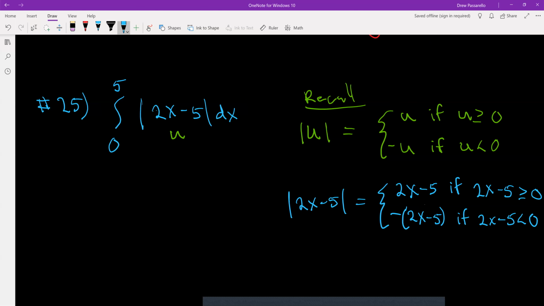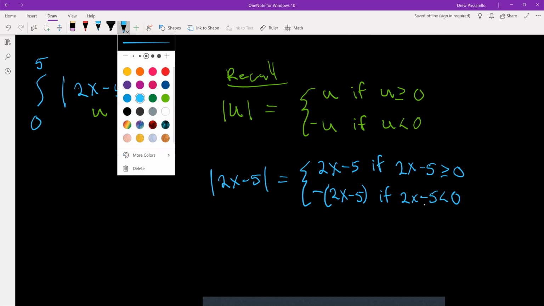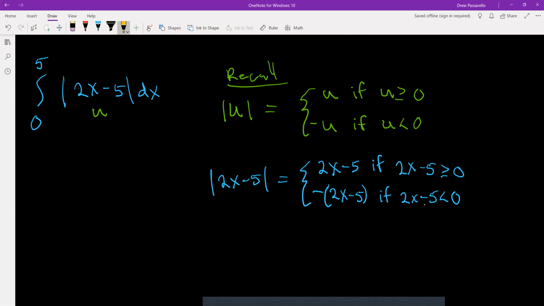I can write these two options so that where I have 2x minus 5 greater than or equal to 0, if I solve for x, that's going to give me x greater than or equal to 5/2. And then this will be x less than 5/2.